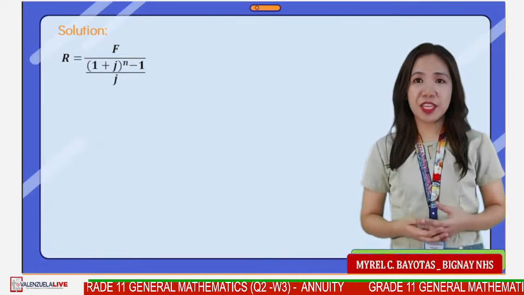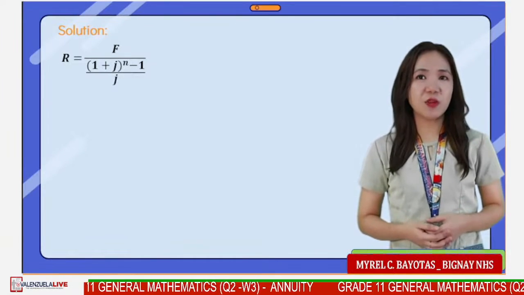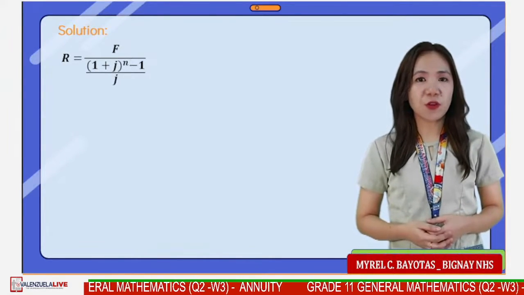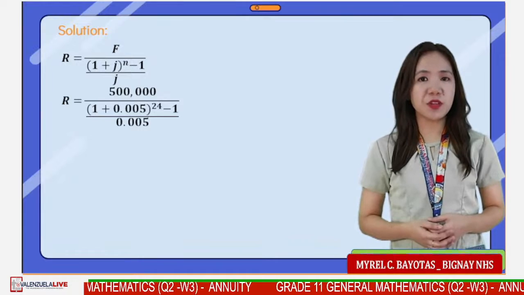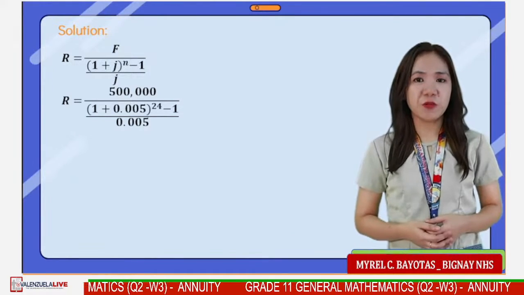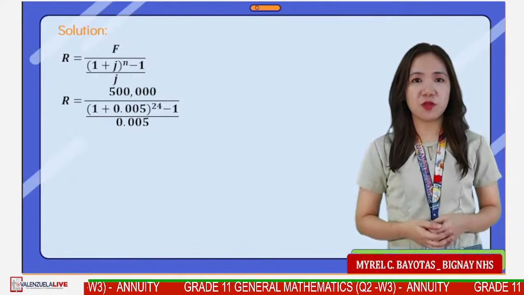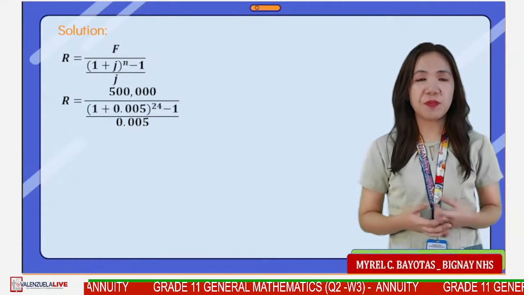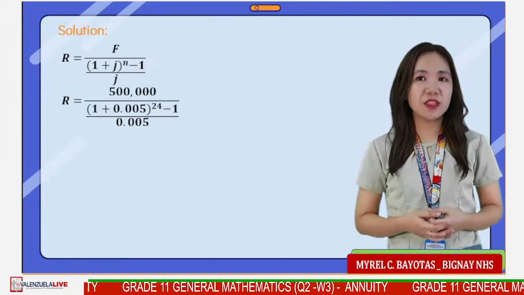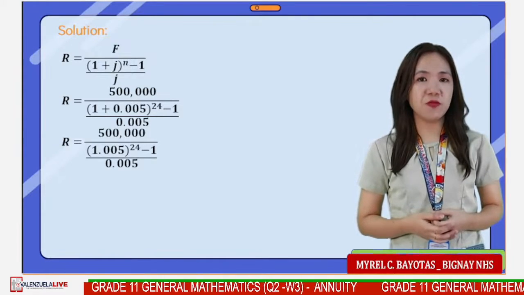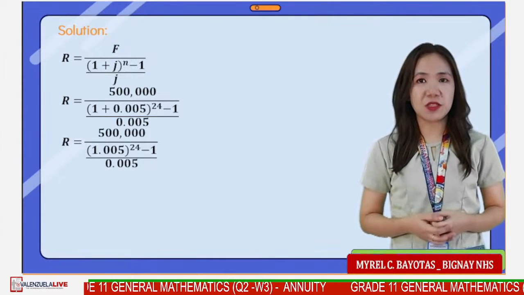Let's substitute the given to the formula. R equals 500,000 over the quantity of 1 plus 0.005 raised to 24 minus 1 all over 0.005. Considering PEMDAS, add 1 and 0.005 which are inside the parentheses.